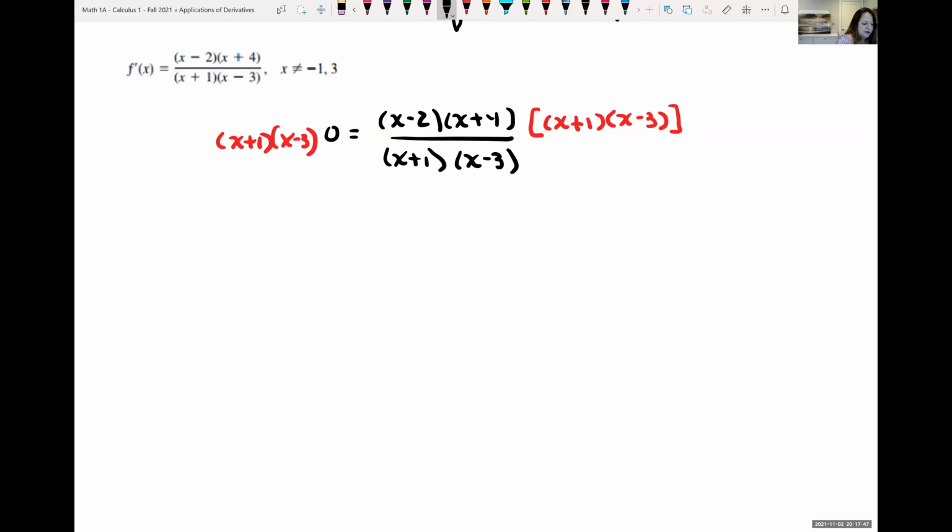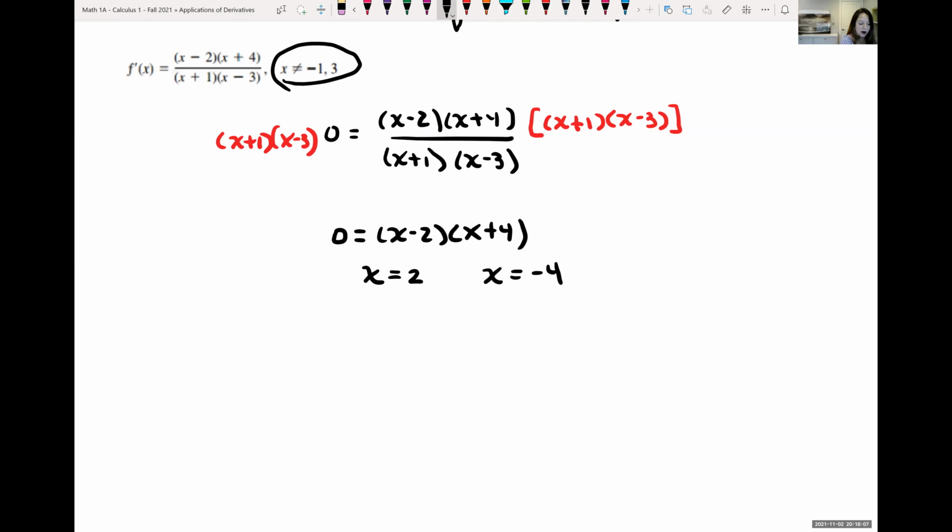So we get that 0 is equal to our factor of x minus 2 times the factor of x plus 4. It's easy to see what values set that to 0. That's when x is 2 and when x is -4. So we actually have 4 critical values here.